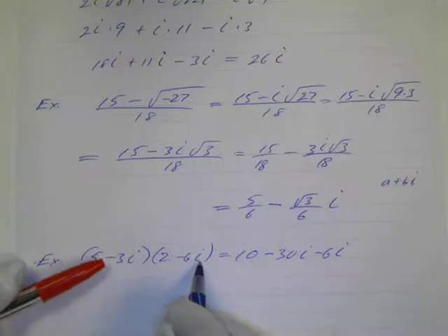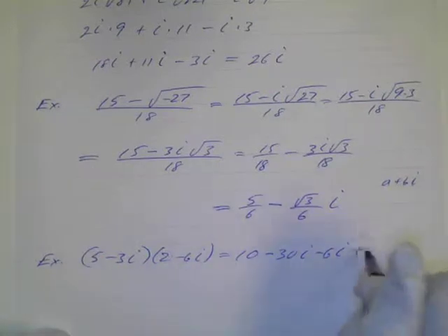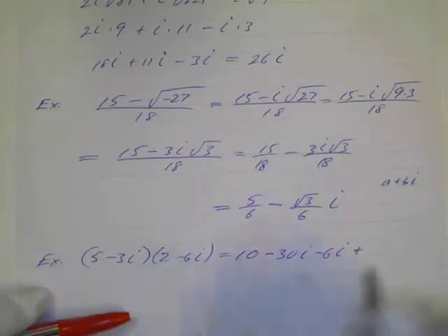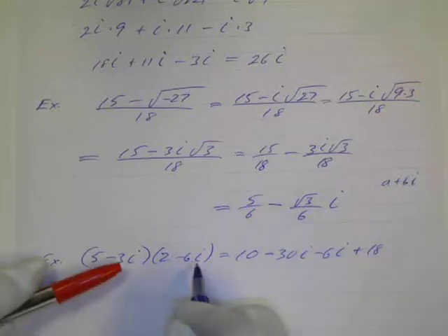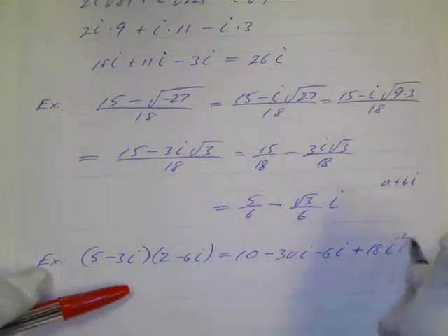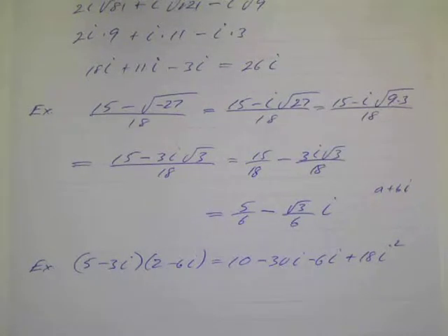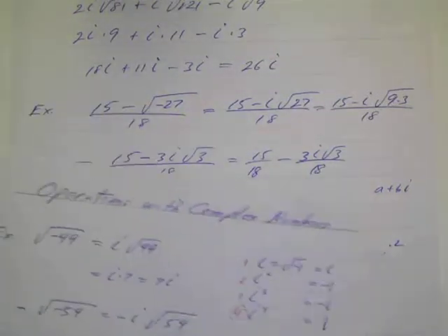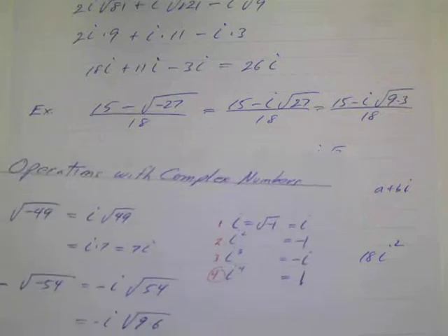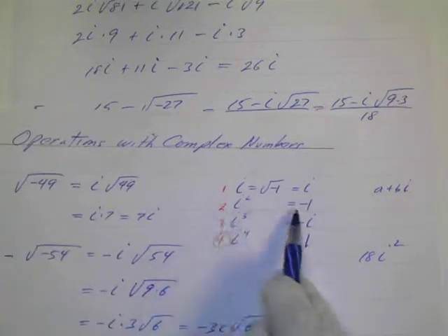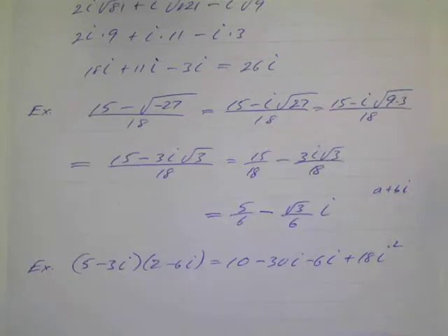And last, now this is the interesting one, a negative times a negative is a positive. 3 times 6 is 18, and i times i is i squared. But what was i squared? If we go back to our notes, we talked about i squared. i squared is negative 1. So when you see that i squared, that's going to be a real part of the number now.